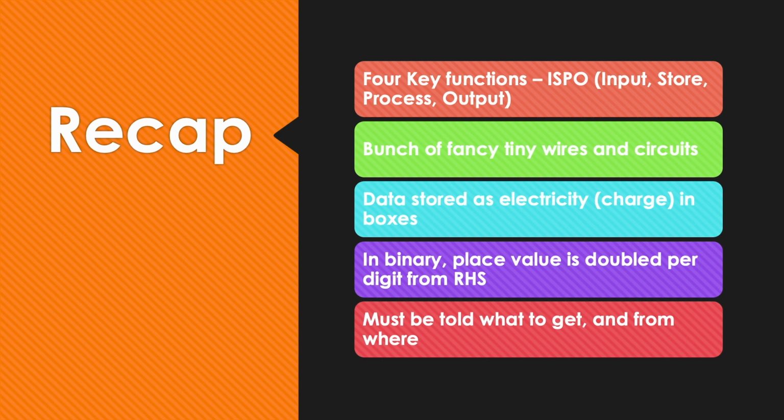We also learned that in binary, the place value is doubled for every digit we move from the right towards the left. And finally, we also learned, using our grocery shopping example, that we have to select a box using which we want to denote the answer of a question. So for example, for the grocery shopping, we chose box number 7.